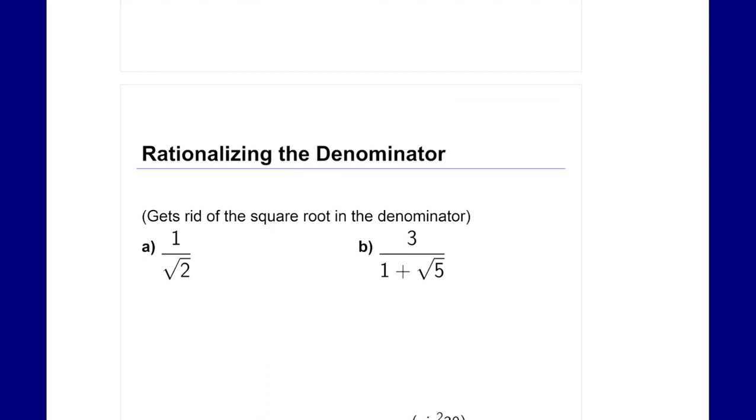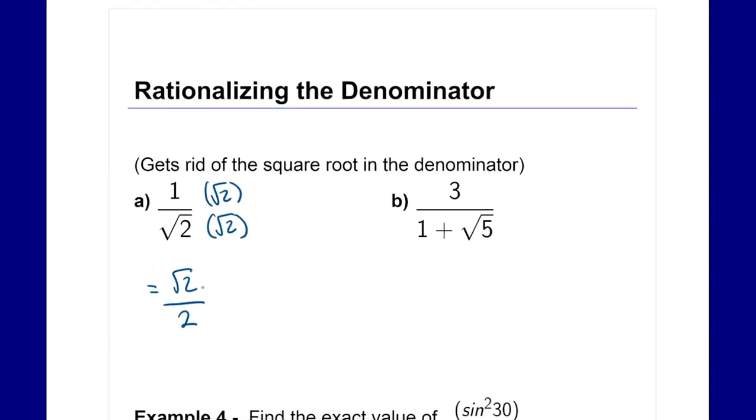So the first one, 1 over root 2, in order to get rid of that radical in the denominator, I'm going to multiply everything by the square root of 2, because I know that if I multiply the square root of 2 by the square root of 2, that will cancel out those roots. On the top, 1 times root 2 is root 2, and on the bottom I end up with 2, and that's all we're going to do. We're just getting rid of that radical in the denominator.